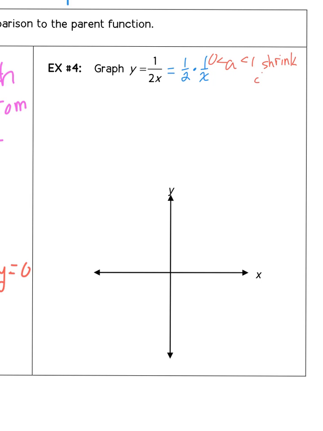And so it's going to shrink closer to the origin. All right, so let's go ahead and graph this.